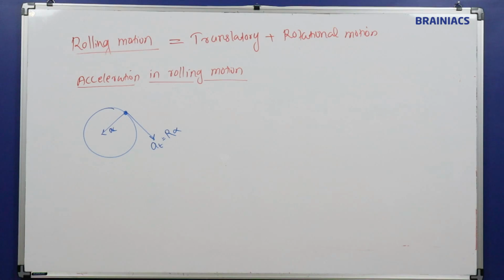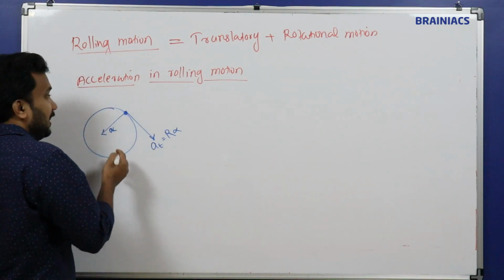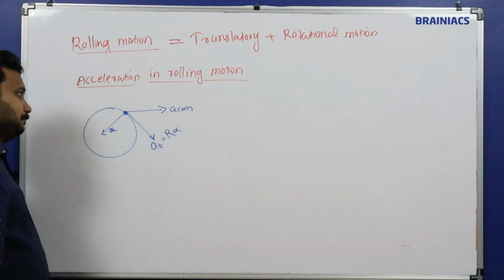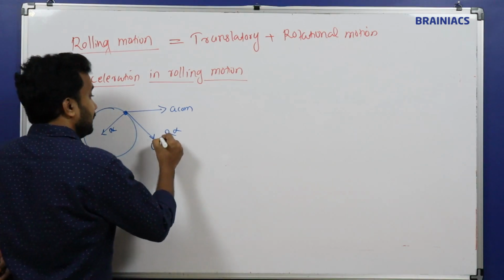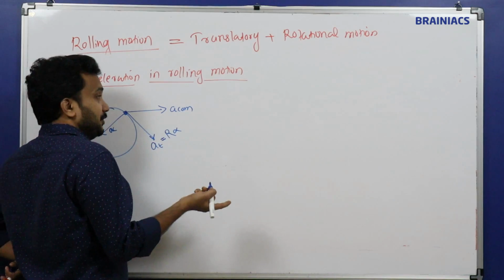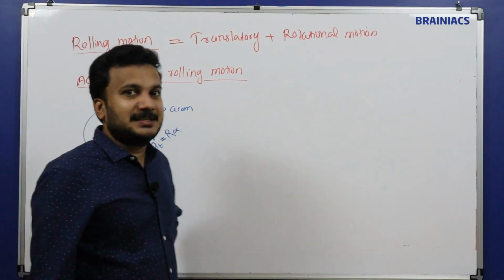And the center of mass will have one acceleration which is called ACOM. So how many accelerations are there? Three accelerations: ACOM, AT. Similar to VCOM and VT, but this one is extra, AC.